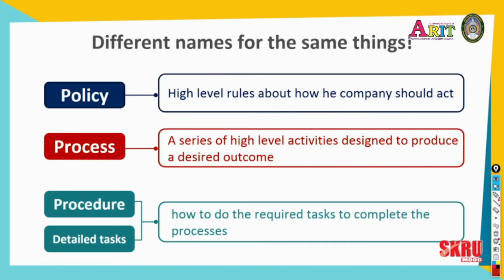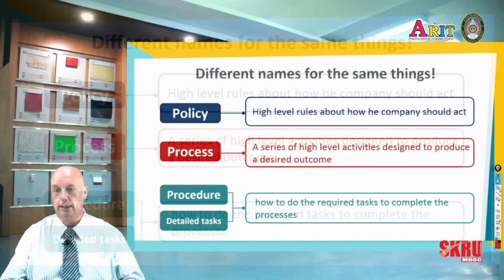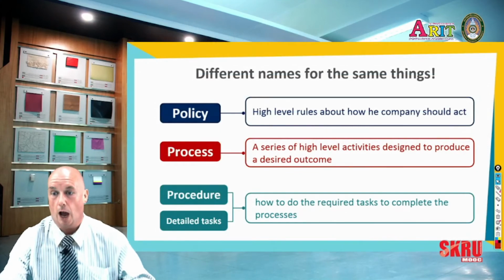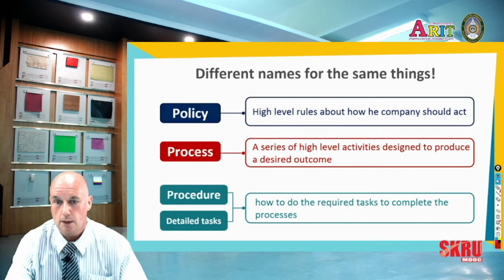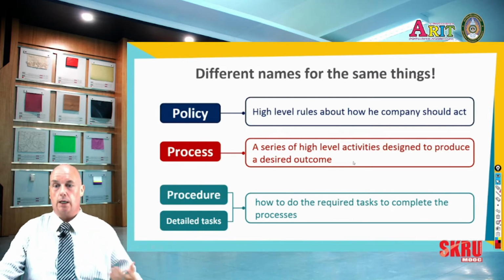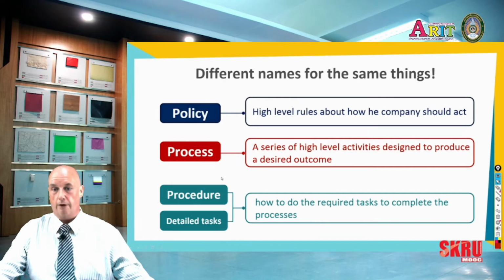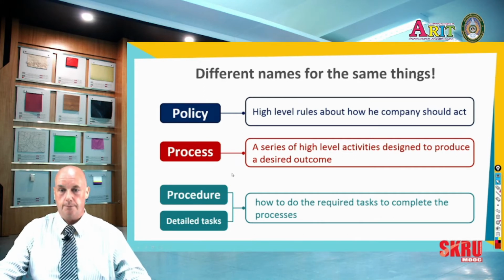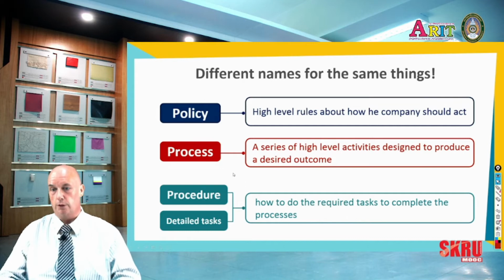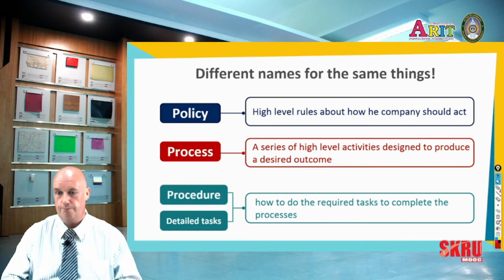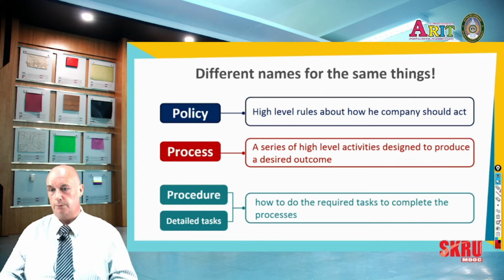The final level is procedure, or the detailed tasks. These are the nitty-gritty, the real detail of how to do something. So in my example, a customer returning something, there may be, for example, a form that must be completed. Fill in the details of the returned item. Check the item for damage. Refund the customer's money.